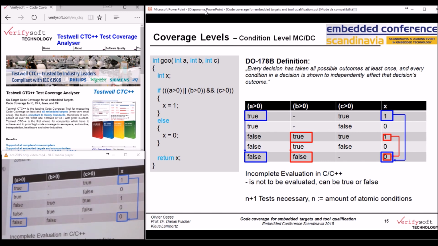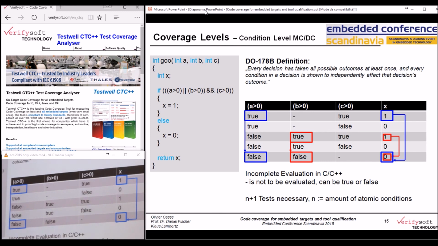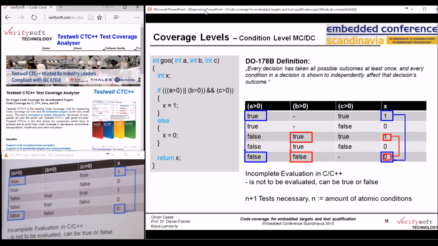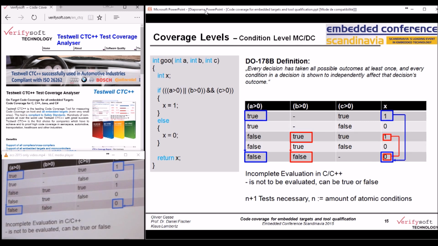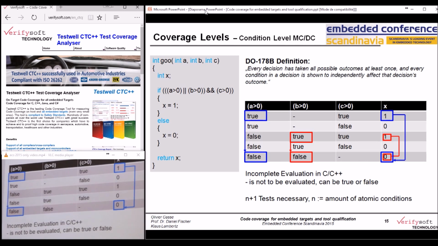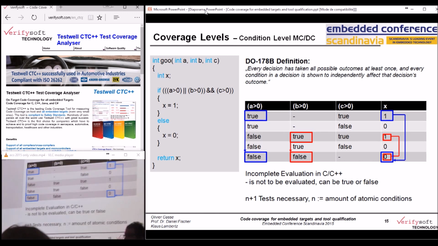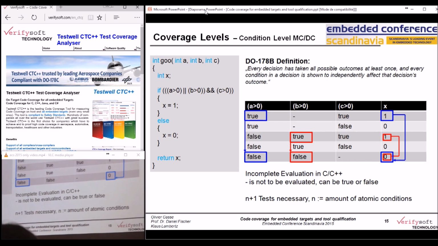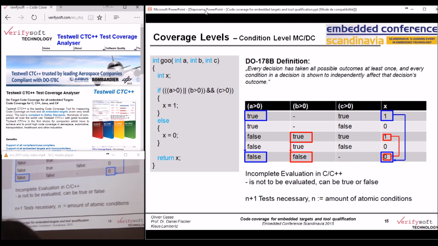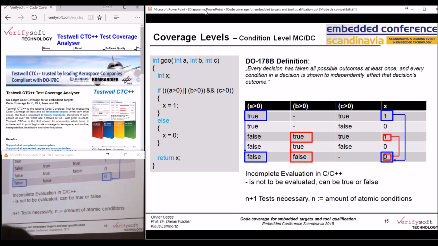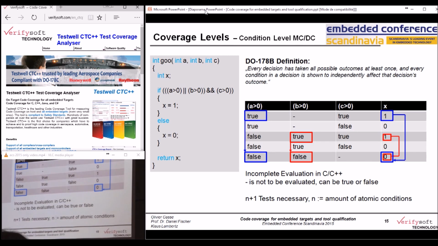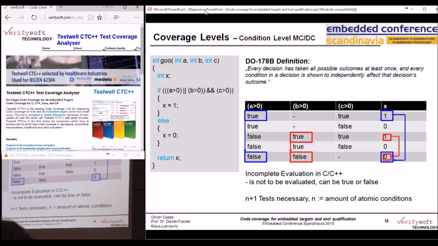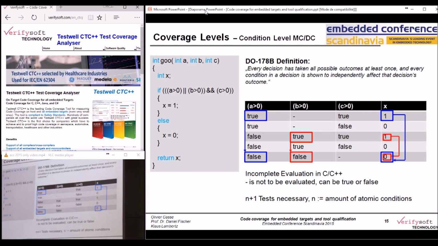So the goal is to find any combination of test vectors to achieve the best coverage levels. And the rule is very simple. You need to have the number of conditions plus 1 in order to normally achieve 100%. So here we have 3 atomic conditions, which are our integers, A, B, C. So I need to have 4 vectors to achieve MCDC coverage, at least.